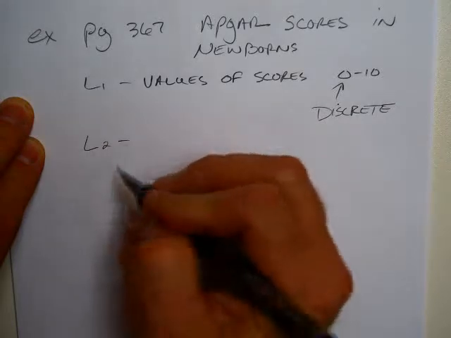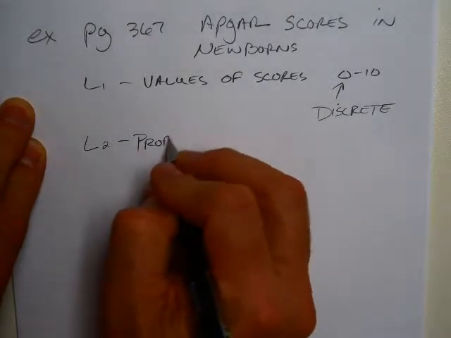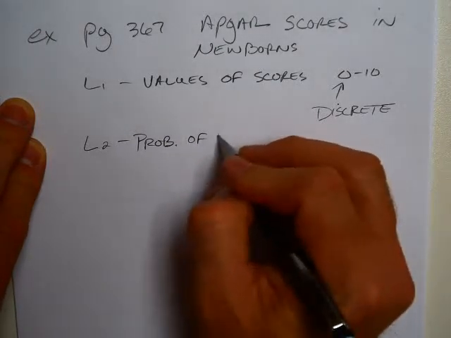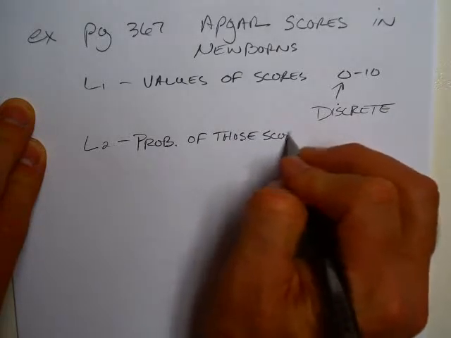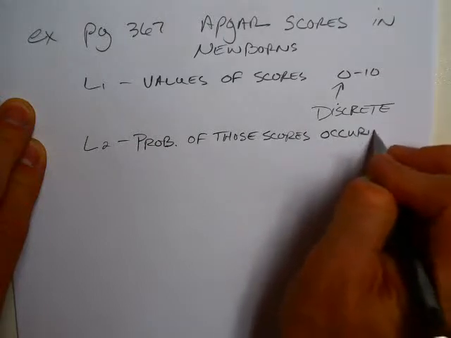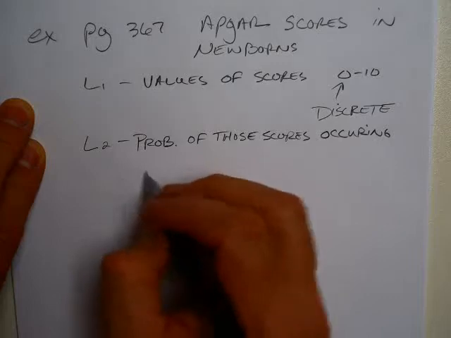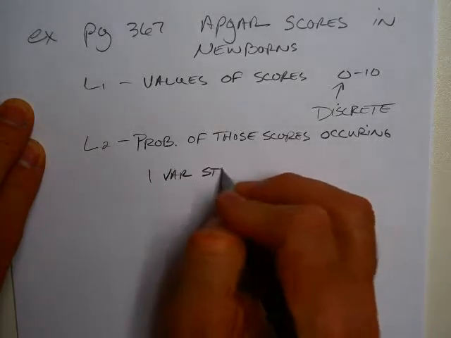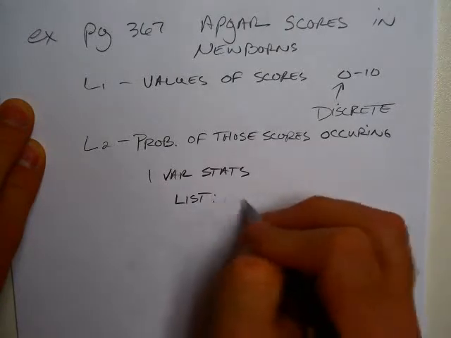L2 was the probability of those scores occurring. And we went to 1-var stats. Our list was L1.